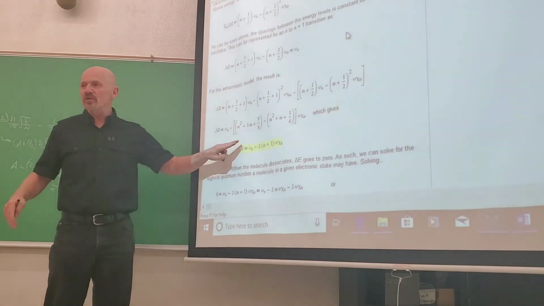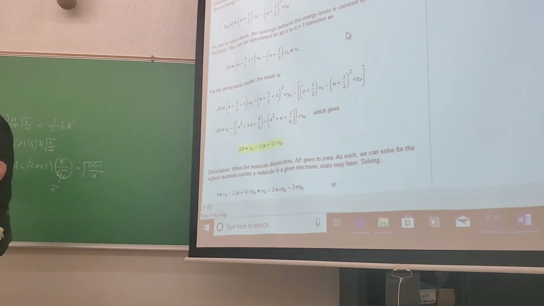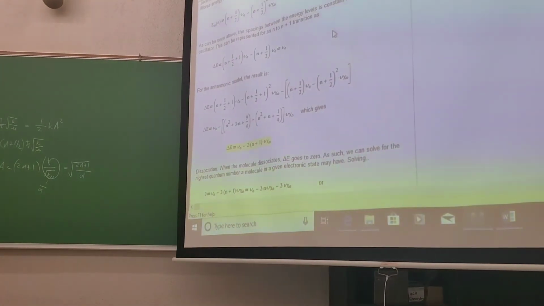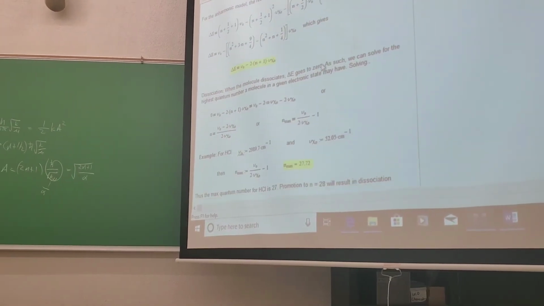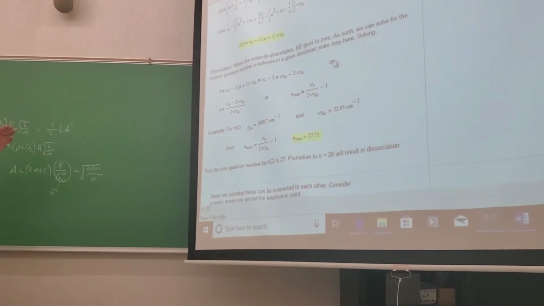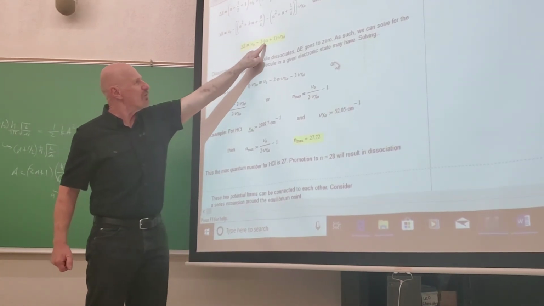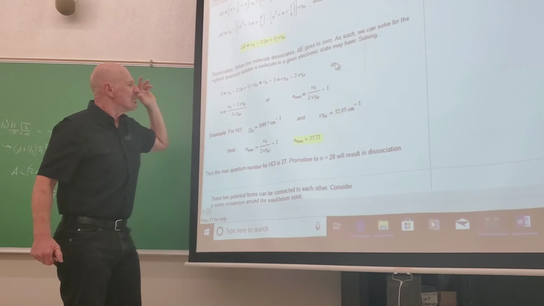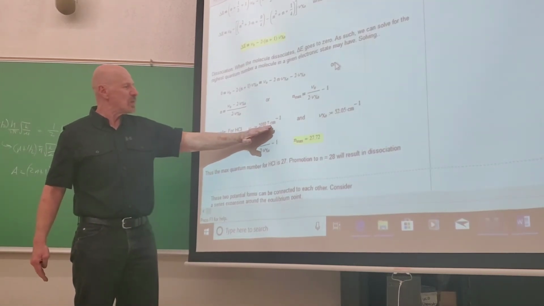So this will tell you the maximum quantum number that you can have for a molecule before it dissociates into atoms. And in doing so, if I set this equal to 0 and solve for the quantum number for HCl, HCl has a fundamental wave number of 2989.7.